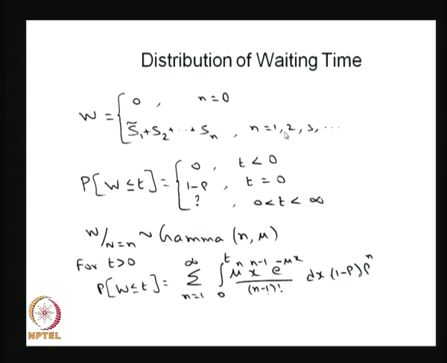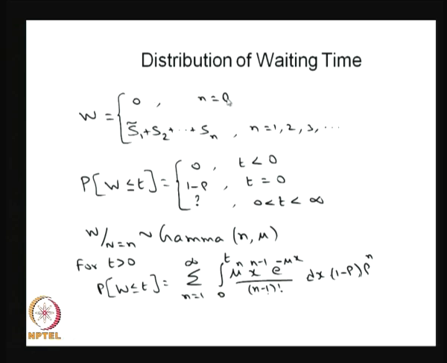Whenever there is one or more customers in the system, then the waiting time is the remaining service time of the customer who is under service, plus the service times of the customers in the queue before you join. So, those people's service times added to the residual service time of the first customer who is under service. This total time is the waiting time whenever the system is non-empty.